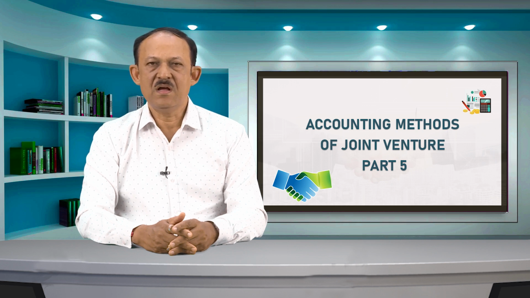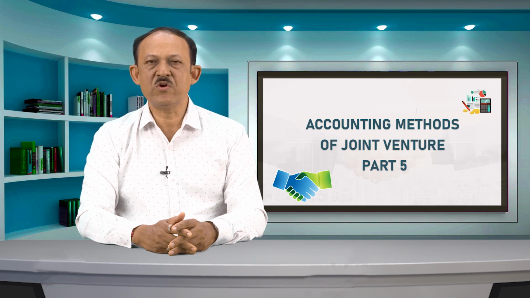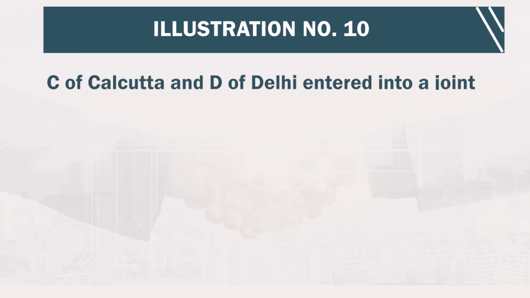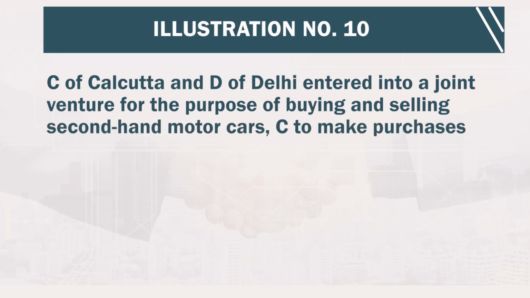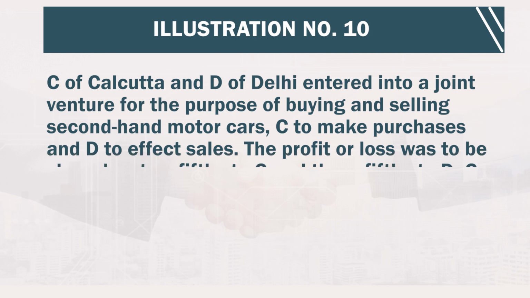Now let us see how the memorandum joint venture account and D's account will appear in the book of C. In the book of C, memorandum joint venture account. C of Calcutta and D of Delhi entered into a joint venture for the purpose of buying and selling second hand motor cars. C to make purchases and D to effect sales.